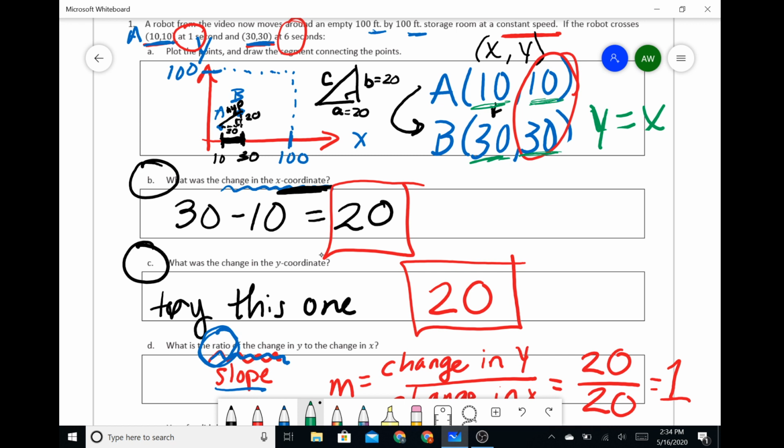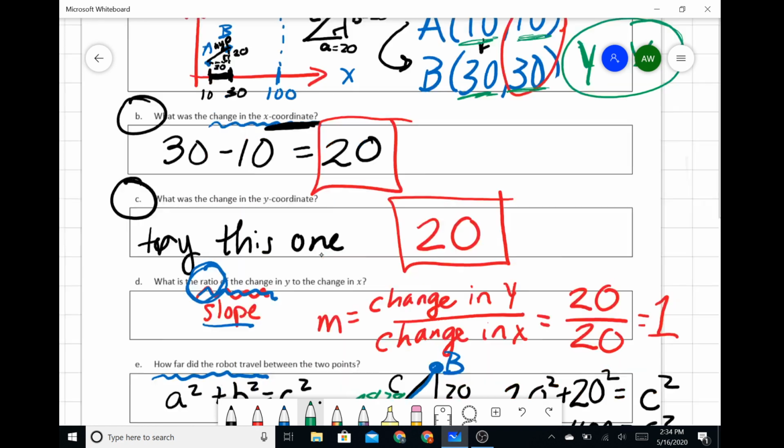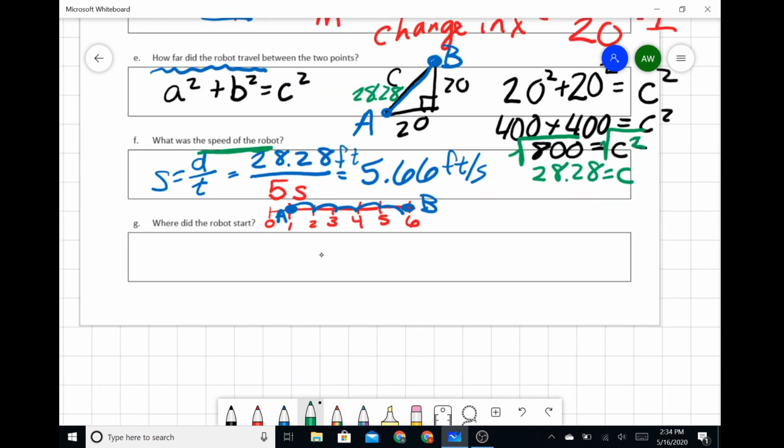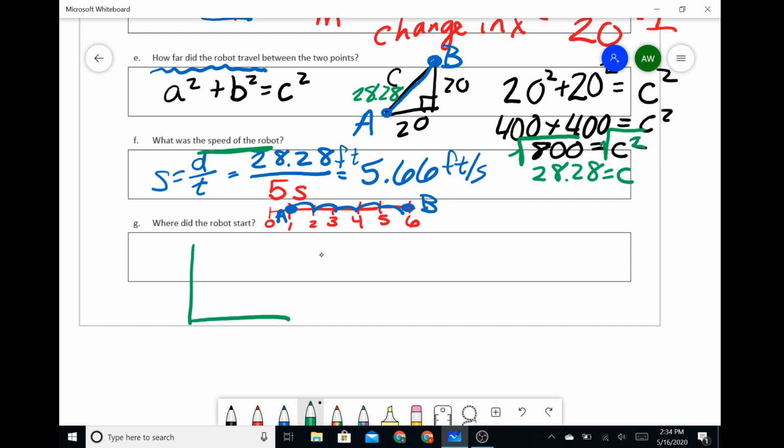Now, this series of questions didn't ask us to write an equation for x and y, but this equation is going to be really useful to us, because otherwise, if we want to figure out where the robot started, we're looking at our graph and we're saying, okay, we were at (10, 10), and then we went to (30, 30), and we did this between 1 second and 5 seconds.